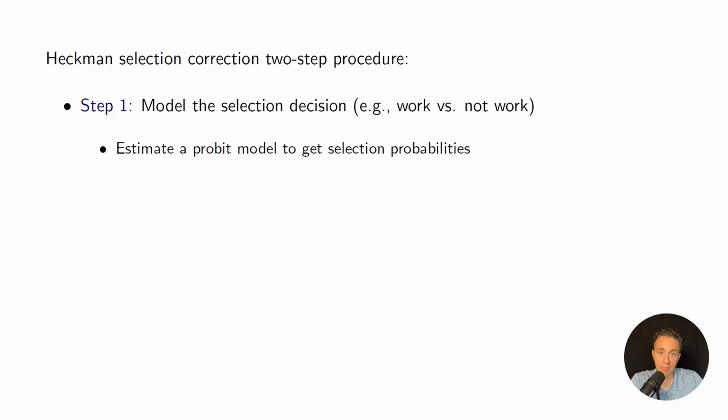And this model will give us probabilities of choosing each option. And then we can use that information from those probabilities to form what's called an inverse Mills ratio, which is a ratio between the PDF of a normal distribution and its CDF, or 1 minus its CDF.